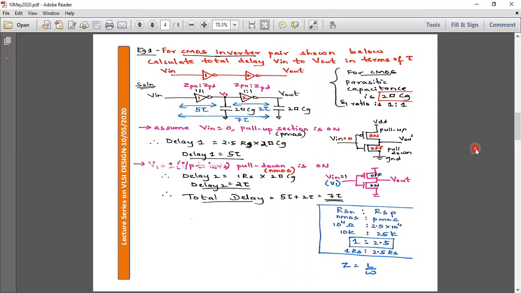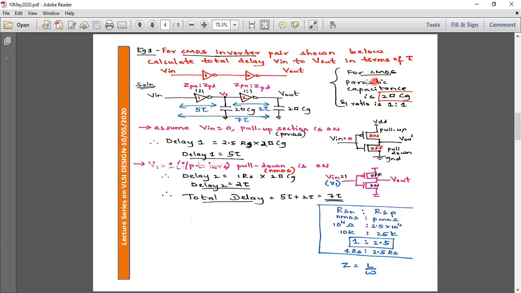So consider example 1. For the CMOS inverter pair shown below, calculate the total delay from Vin to Vout in terms of tau. As discussed in the previous lecture, delay is given by Rs into Cg, and delay is represented by tau.